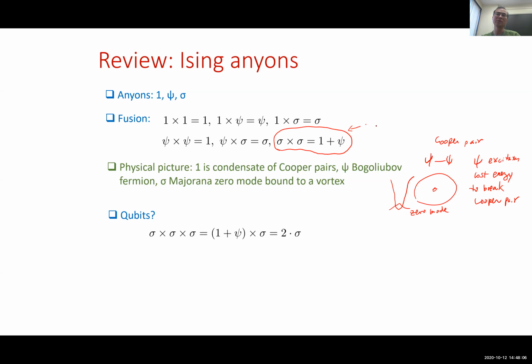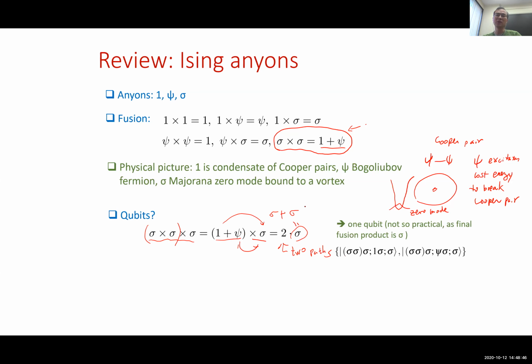So you need something that has a few possibilities at the intermediate steps. That's why we need to look at three sigma, and this is how we fuse. For example, we fuse these two and have 1 plus psi, and we take another one. So 1 and sigma is sigma. Psi and sigma fuse to sigma, therefore we have 2 sigma. The 2 indicates that there are two paths to reach a final state, which is a sigma.